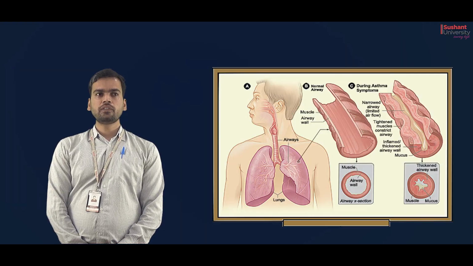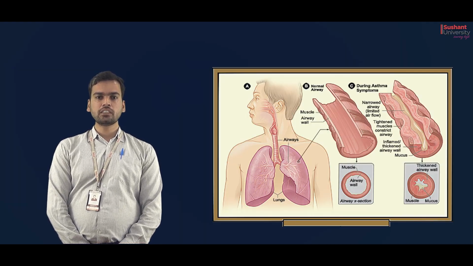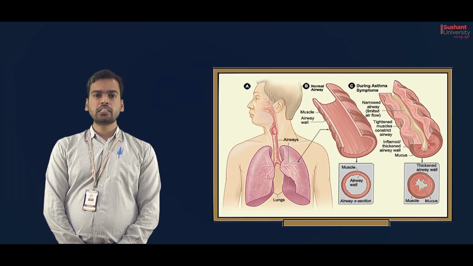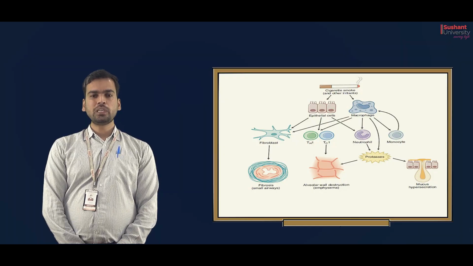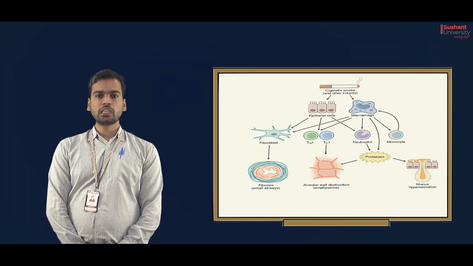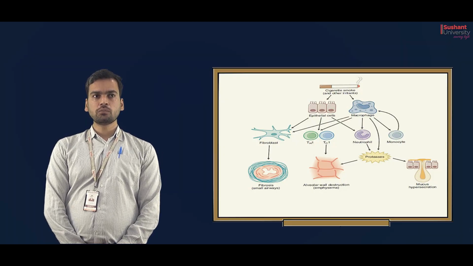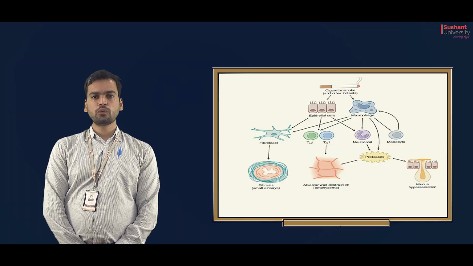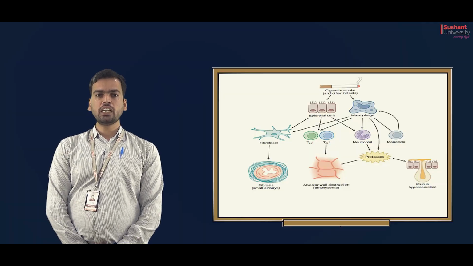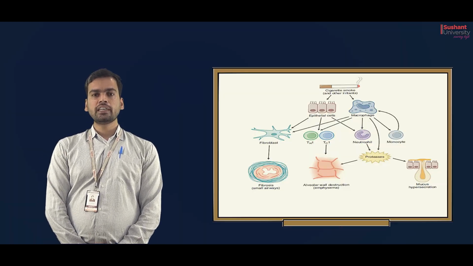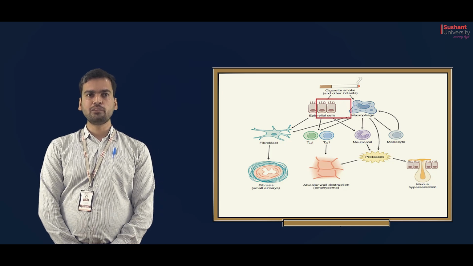Here are the different factors related to the pathogenesis of asthma. Smoking is one of the factors that causes asthma. When a person inhales smoke particles, they go directly to the epithelial cells and macrophages.